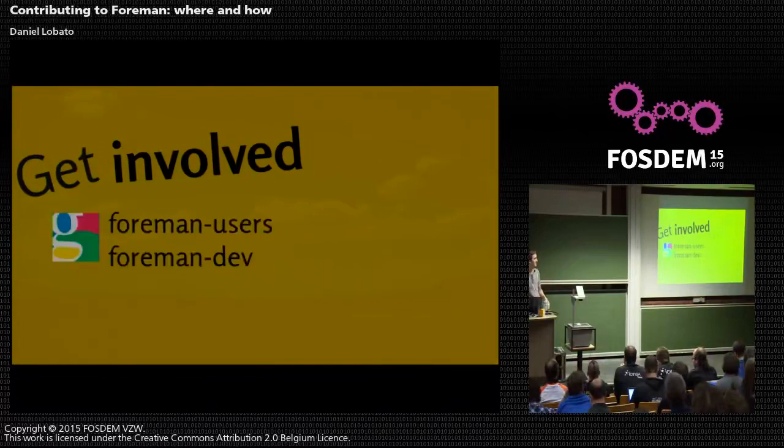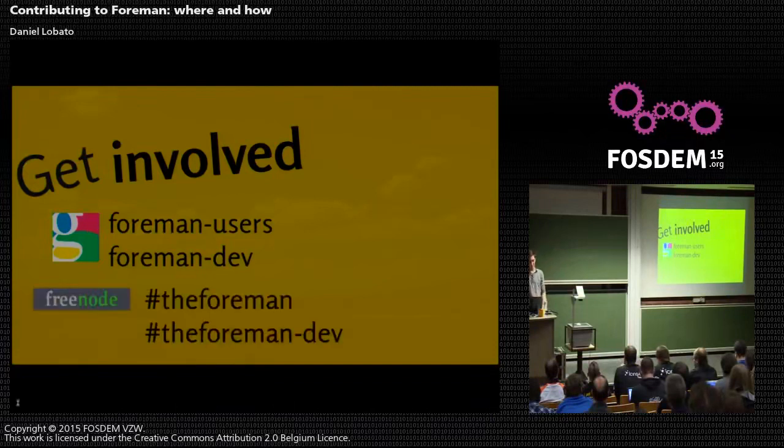We have 2 user lists where you can tell us about anything. Foreman Dev is mostly focused on discussions about changes that will be in Foreman and how to develop it, and users are for help, or people just telling us that maybe Foreman doesn't fit their use case for some reason. And then I forgot to write it, it's Foreman Security, where you can send security reports.